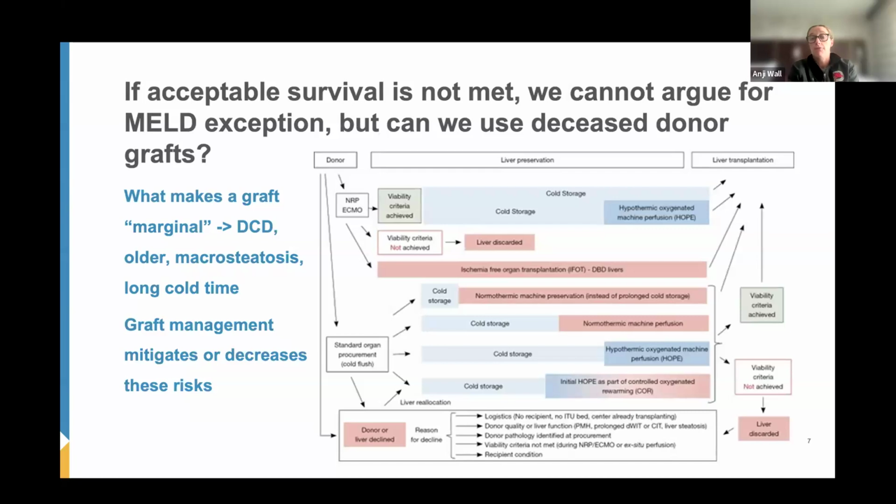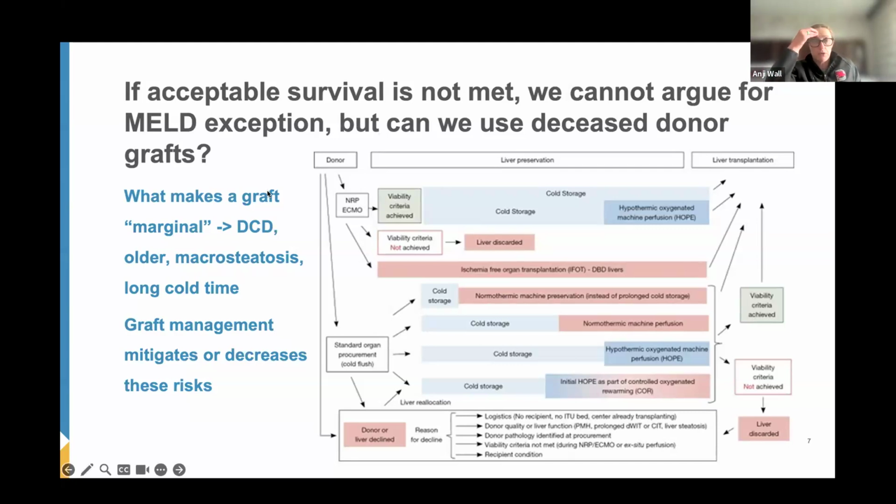If you don't meet acceptable survival, we can't argue for MELD exception, but can we use deceased donor grafts? I think that this is the question.